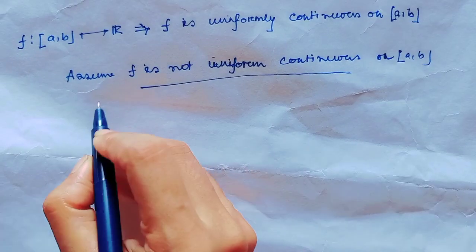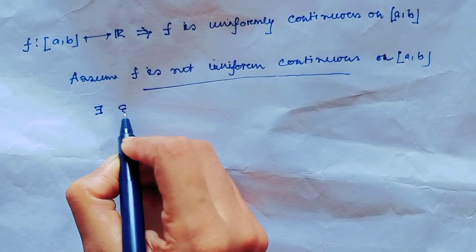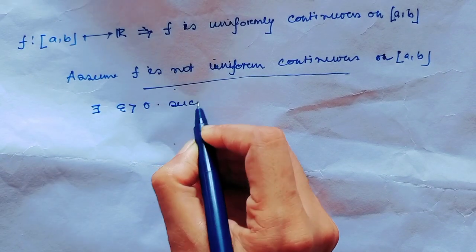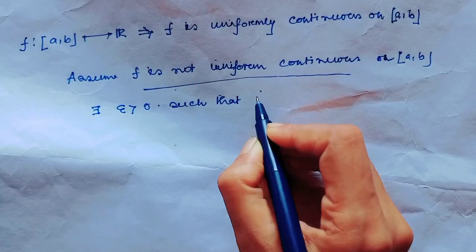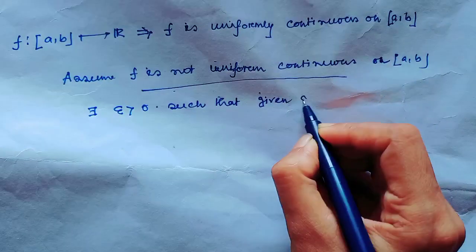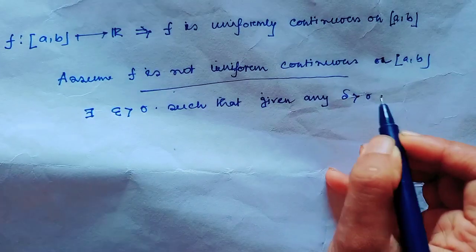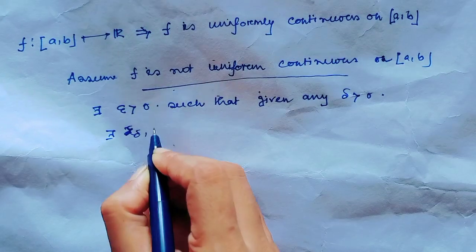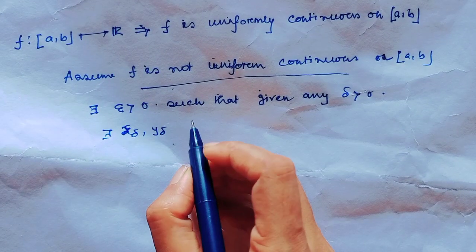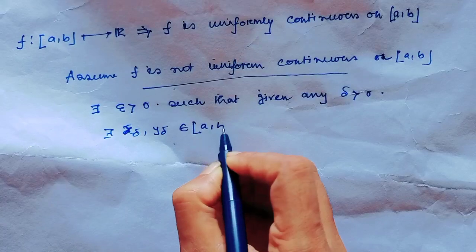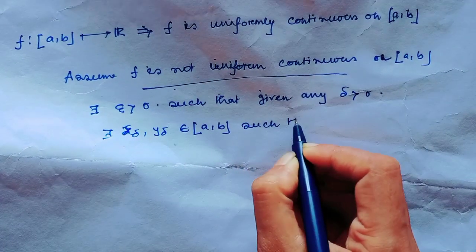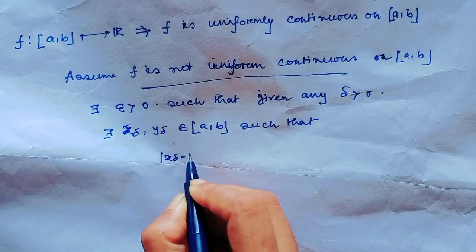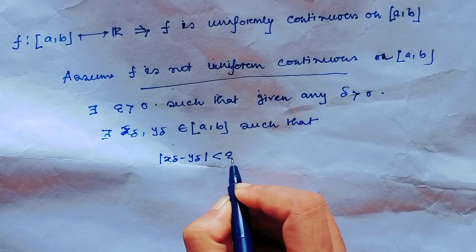And this definition is such type: there exists epsilon greater than 0 such that, given any delta greater than 0, there exist two points x_delta and y_delta which belong to this domain [a, b] such that absolute value of x_delta minus y_delta is less than delta.